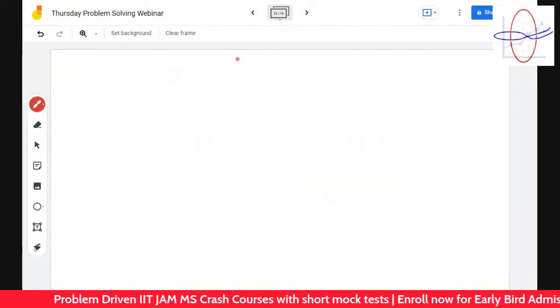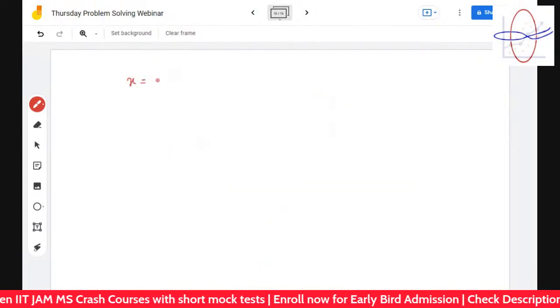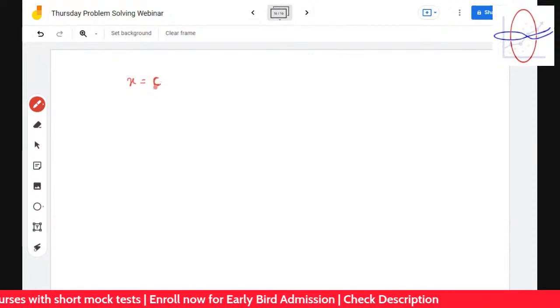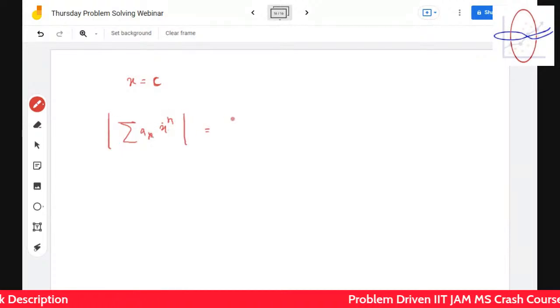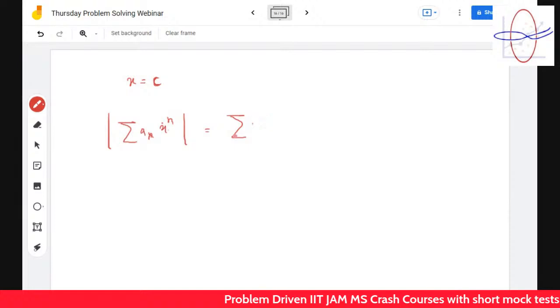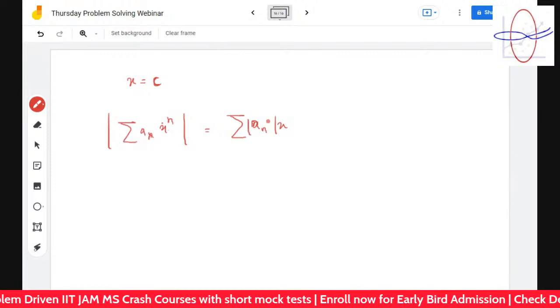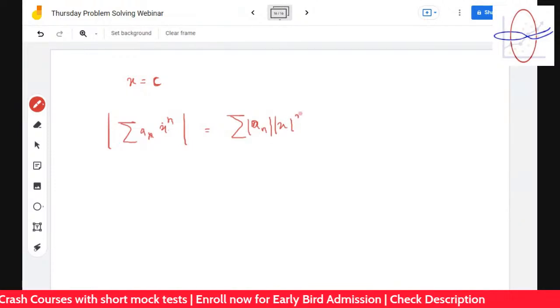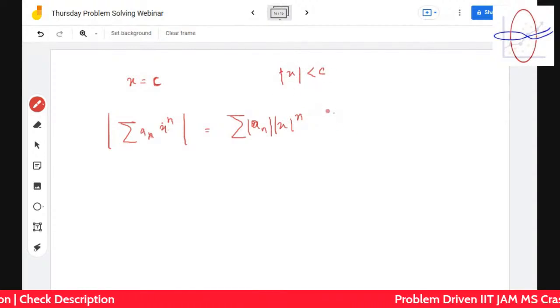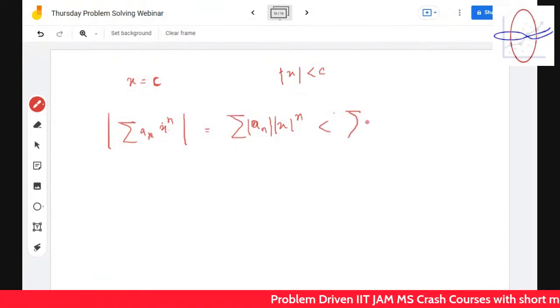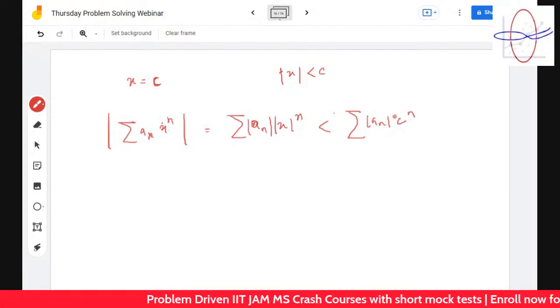Because you can easily understand that if the power series is convergent at x equal to c, then take the summation of an x to the power n with the modulus. I'm talking about absolute convergence. If mod x is less than c, then you can easily understand this is less than the sum of mod an c to the power n, which converges.